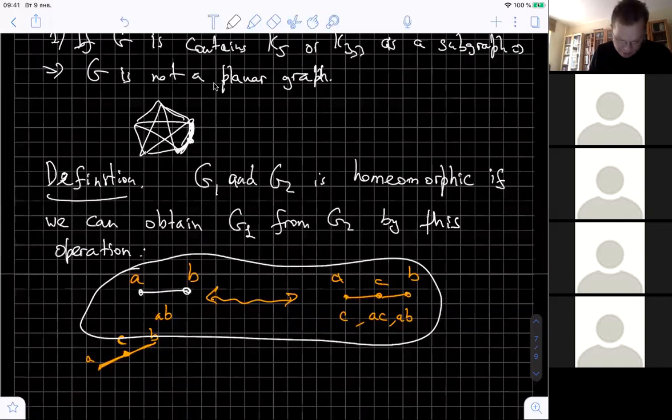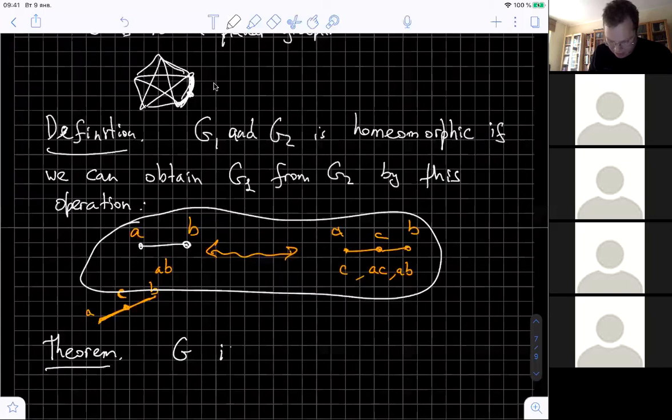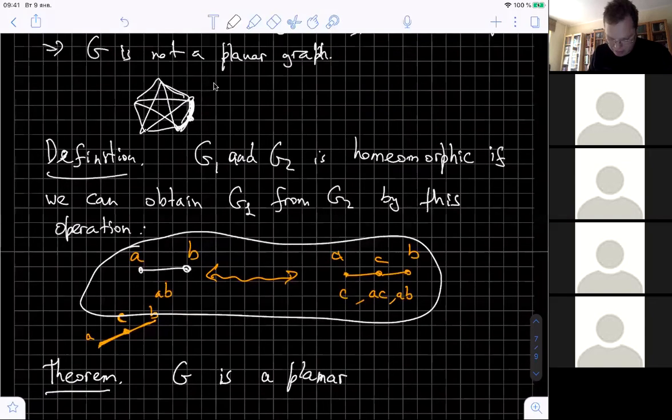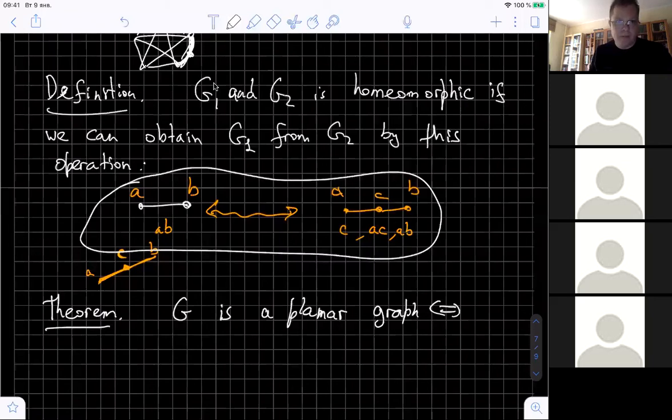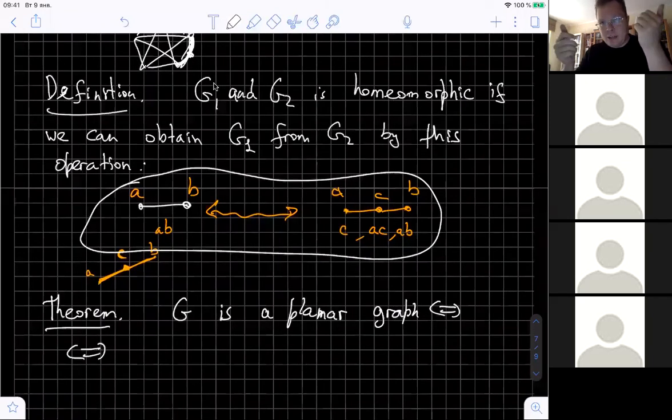But now I have the theorem: G is a planar graph if and only if it doesn't contain a subgraph homeomorphic to K5 or K3,3.